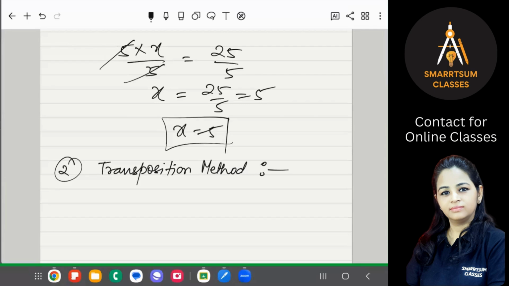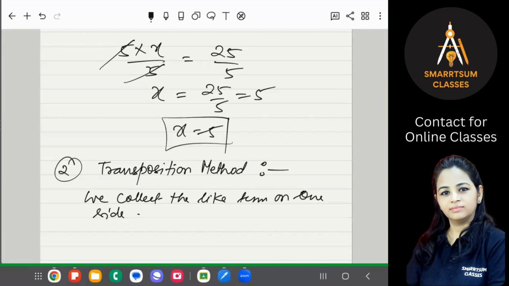So in transposition method, we collect the like terms on one side, right? Means if there are variable terms, we collect them on one side of the equation and the constant terms will be collected on the other side of the equation.